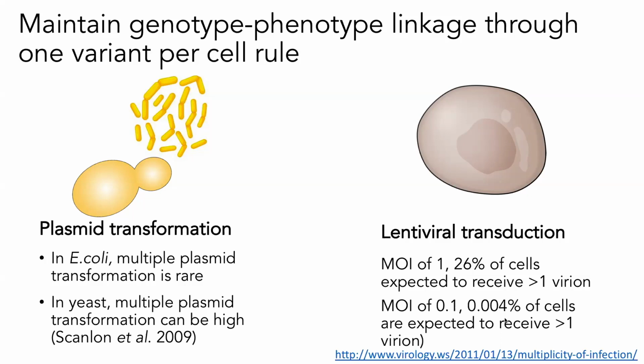Now, in E. coli, from what I've read, multiple plasmid transformation is a pretty rare event. But in yeast, depending on the method you use, an extremely high percentage of cells can take up multiple plasmids, i.e. multiple variants.